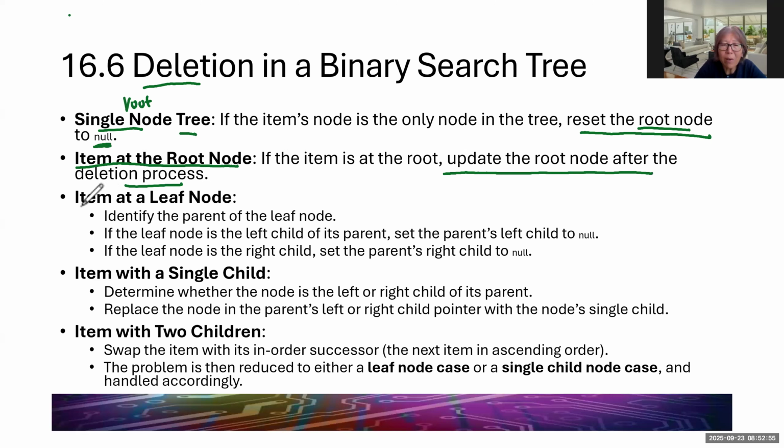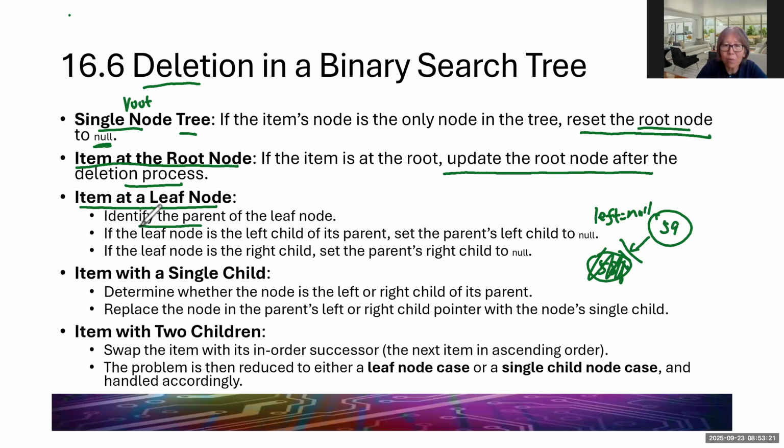Then the third scenario is the item at a leaf node. Suppose you have 59, and here you have 58, and you try to delete this 58. Then just remember this 59's left subtree, you need to reset it to null.